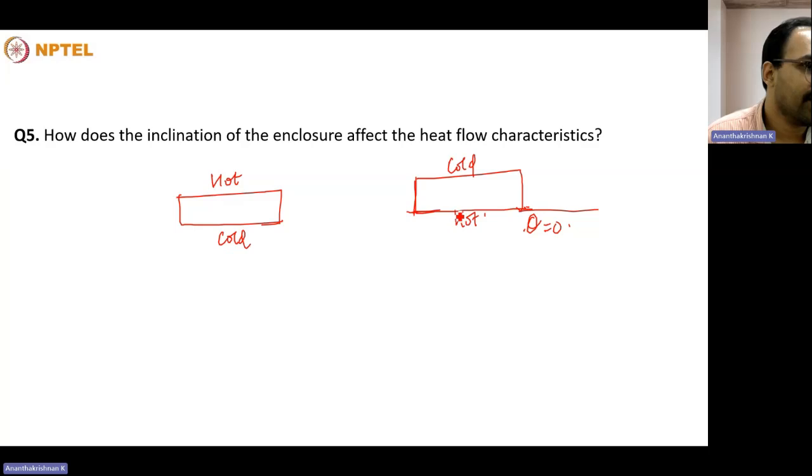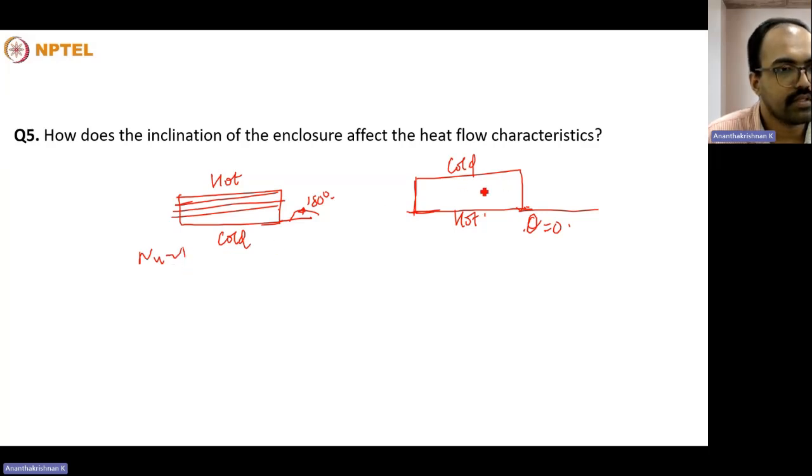And when the hot surface and cold surface are vertical, that angle will be 90. And when the hot surface will be on top of the cold surface, the angle will be 180 degrees. So these are two extreme cases. Here there will be a thermally stratified flow, conduction. So Nusselt number will be approximately 1.